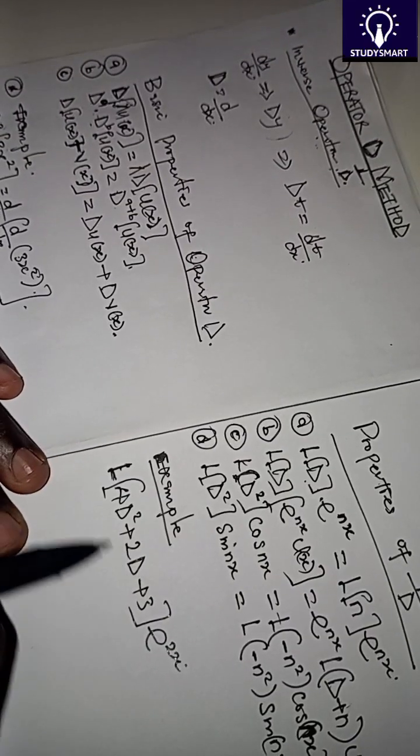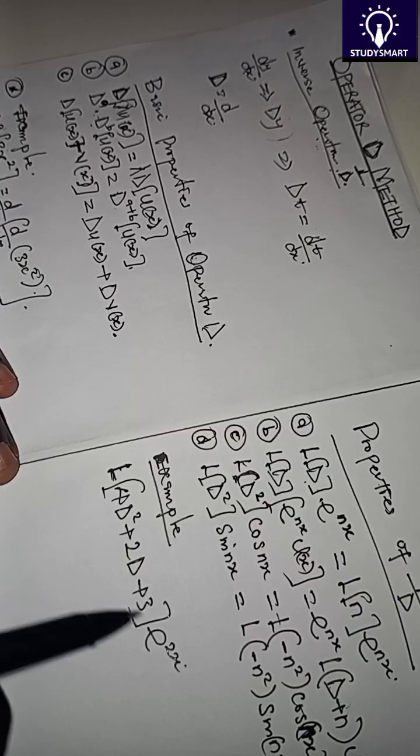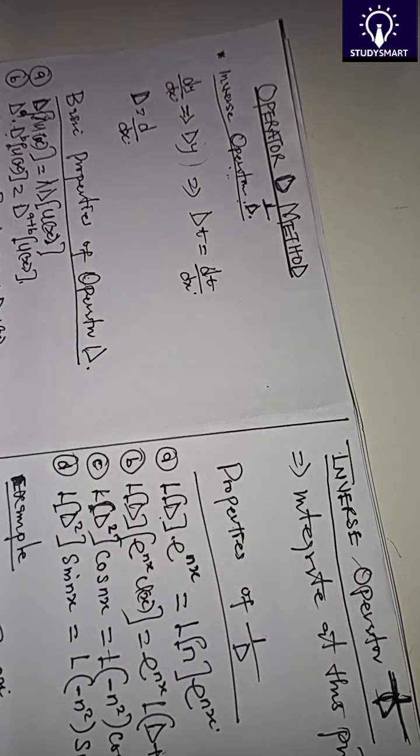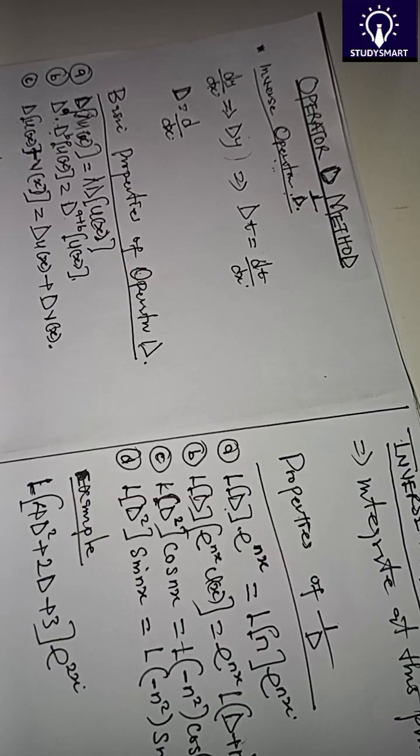If you can check very well, this expression illustrates the first property here. So we are going to be writing this in another form.